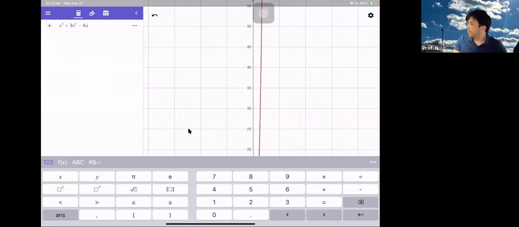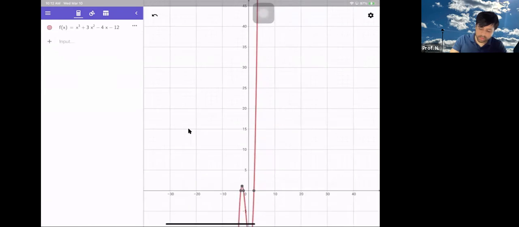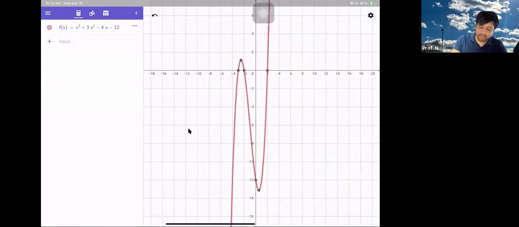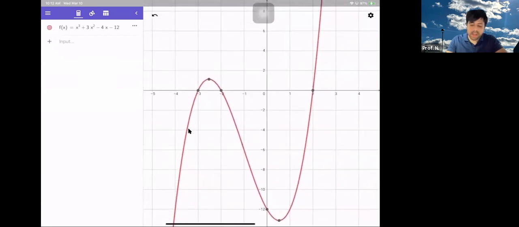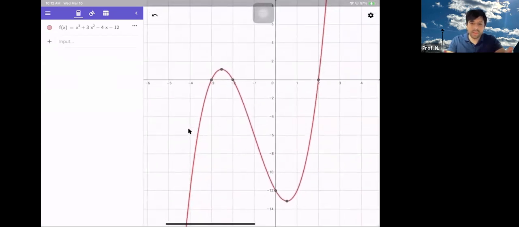And you can put this in your calculators as well, just to give you an idea. And look what I got. It kind of looks like it, right? A little bit. What are the important parts, though?